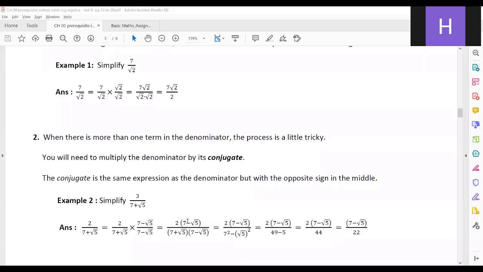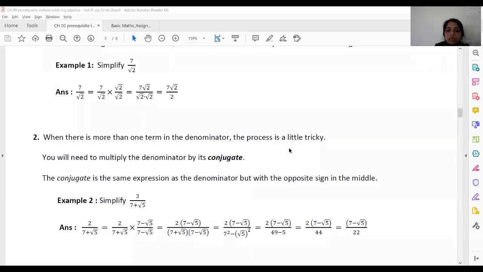So multiply by 7 minus root 5 in the numerator and denominator: 7 plus root 5 into 7 minus root 5. Here a plus b into a minus b is a square minus b square. Your a square, 7 square, is 49. b is root 5, square is 5. So 49 minus 5 is 44. And 3 upon 44, so the answer is 3 into 7 minus root 5 upon 44.